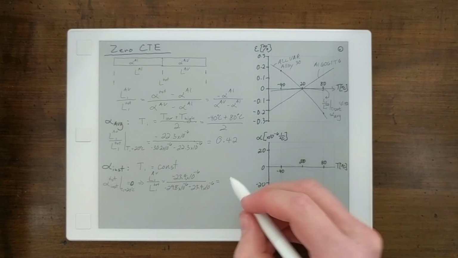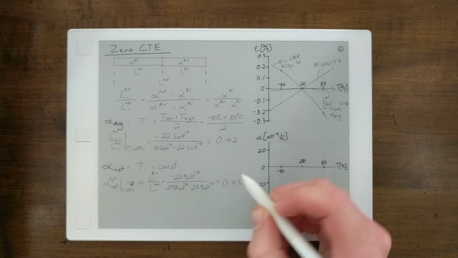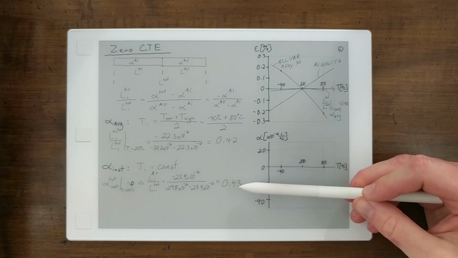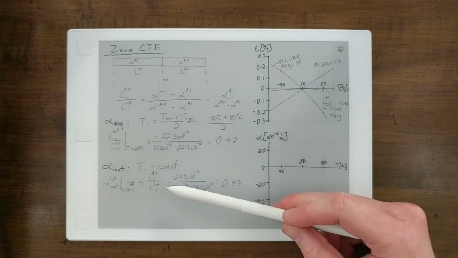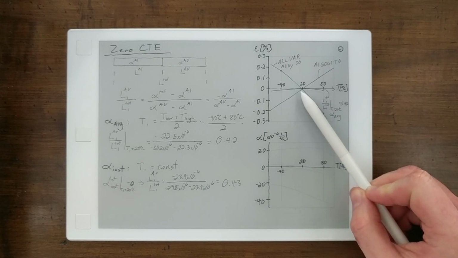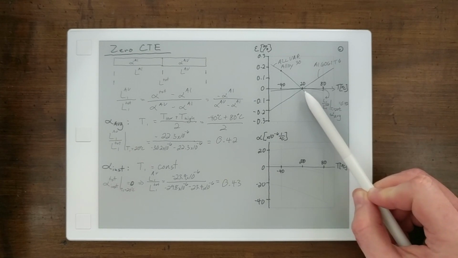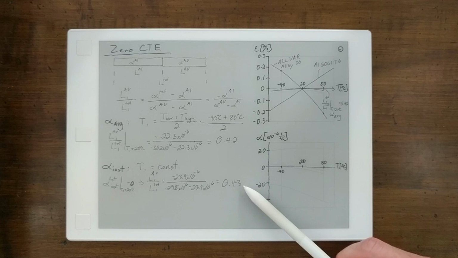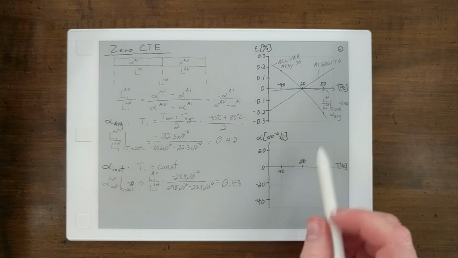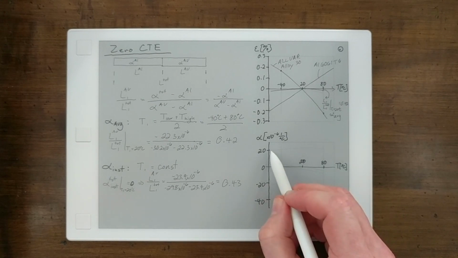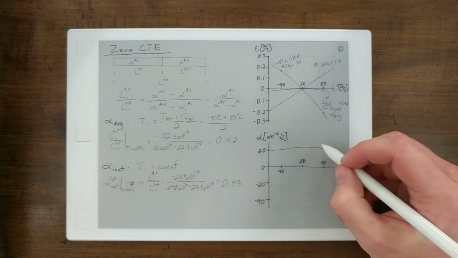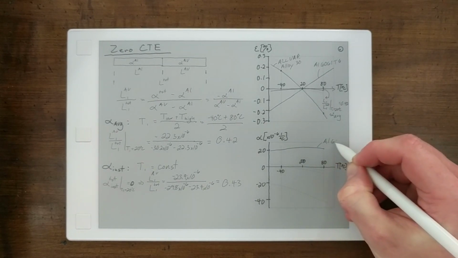And if you calculate that out, it comes to 0.43. So in this instance, the average CTE and the instantaneous CTE for 0 CTE at room temperature is quite similar, 0.42 versus 0.43.